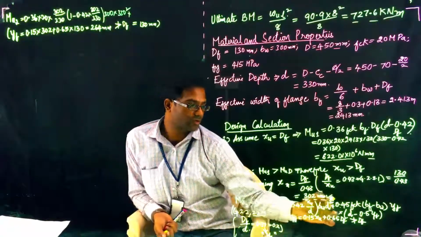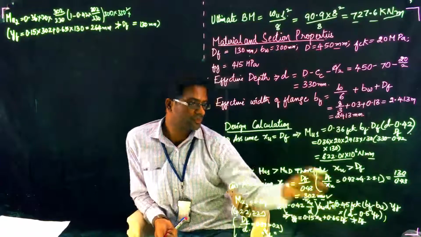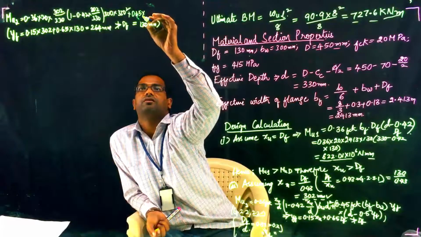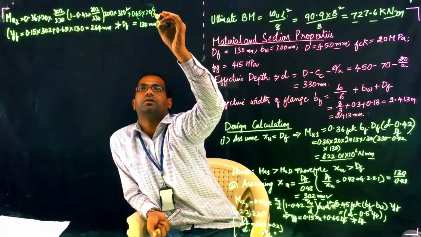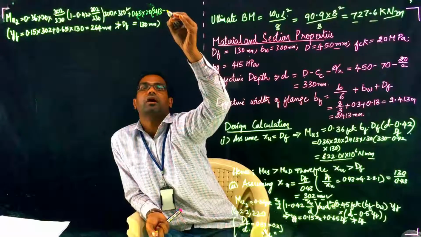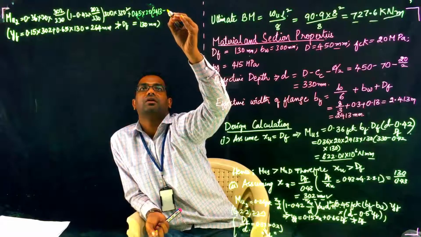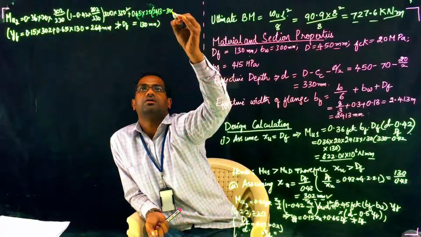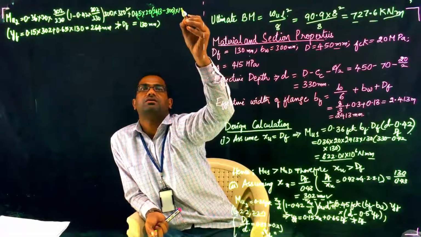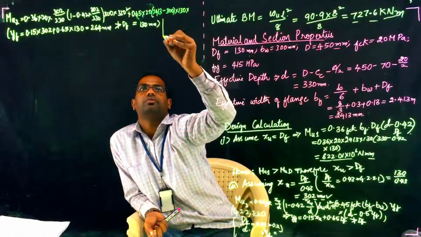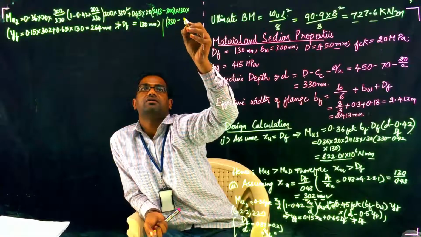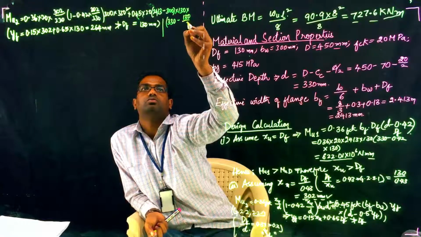We are now writing this term: 0.45 into 20, BF is 2413 minus BW is 300, into YF is 130, into D minus, that is 330 minus 130 by 2.